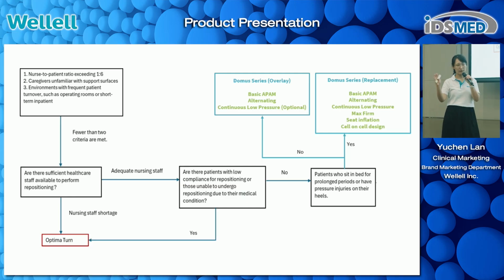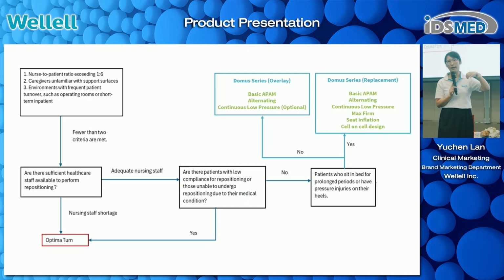However, if they have enough people to do the turning and the patient can follow, then we could consider the patient's pressure injury risk. If they need to stay on the bed for a longer time and have a higher pressure injury risk, then we could suggest they use the replacement air mattress.